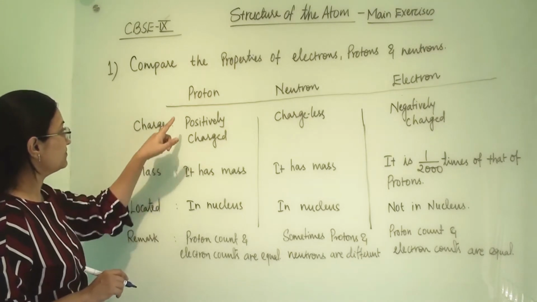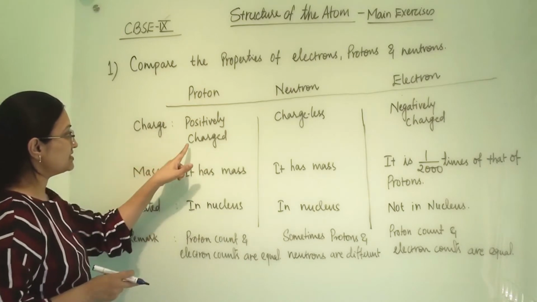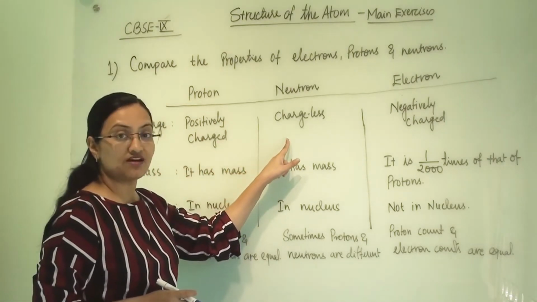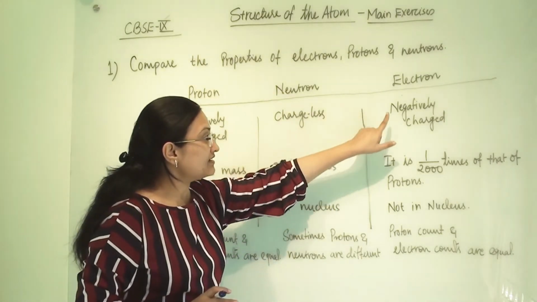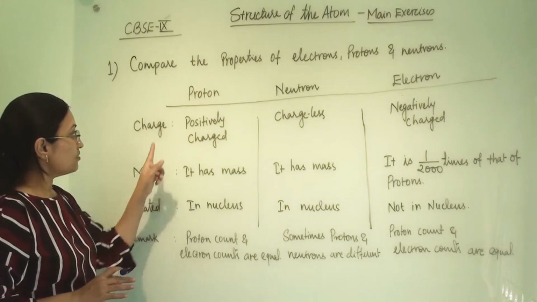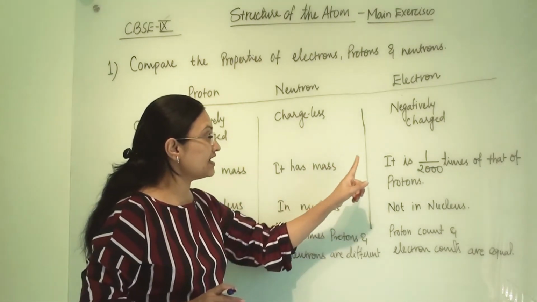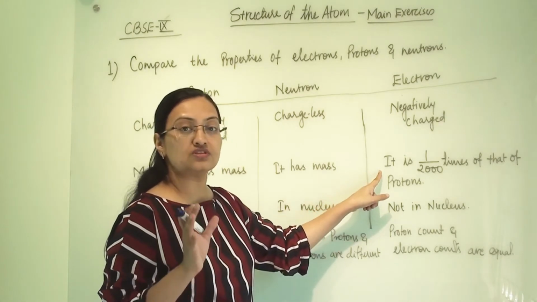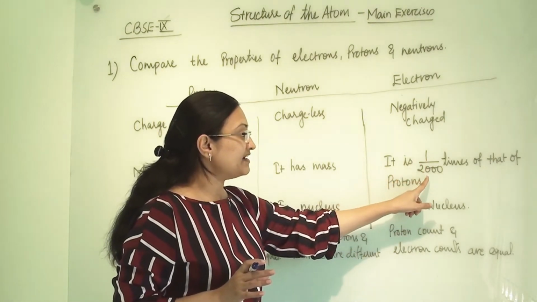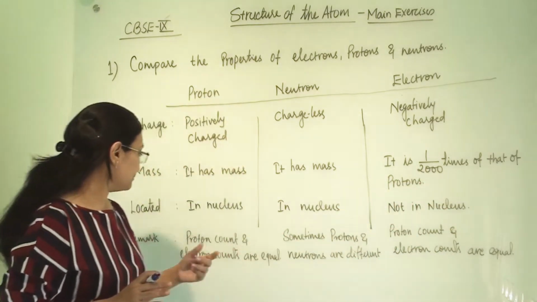Charge: protons are positively charged particles, neutrons are chargeless, electron is a negatively charged particle. Then mass: proton has a mass, neutron has mass, and electron has almost negligible mass, about 1 divided by 2000 times that of the proton.